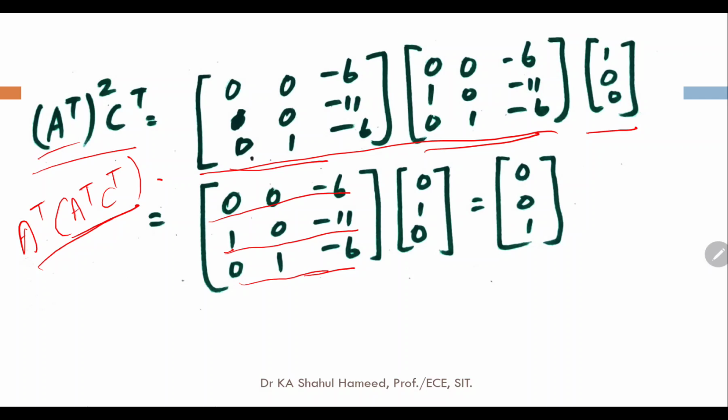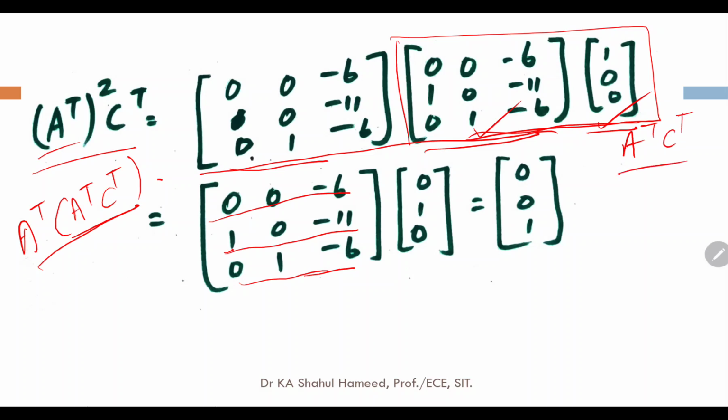Okay, now I am just multiplying the result. Here in this case I have first multiplied A transpose and C transpose, because we have already determined this multiplication, that is A transpose C transpose, in the previous slide.